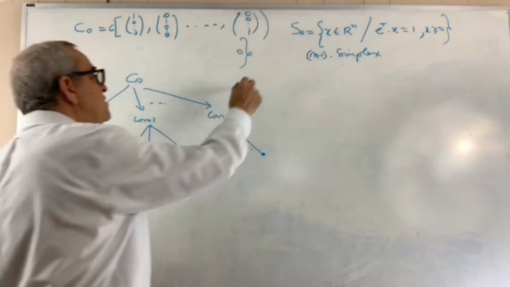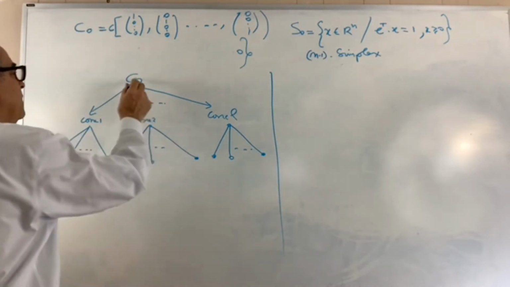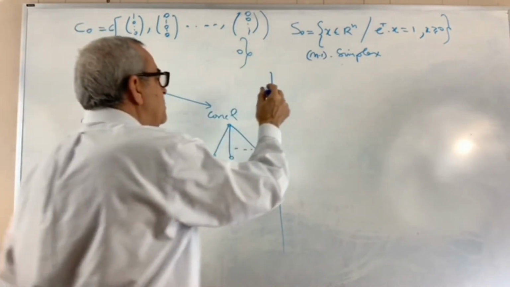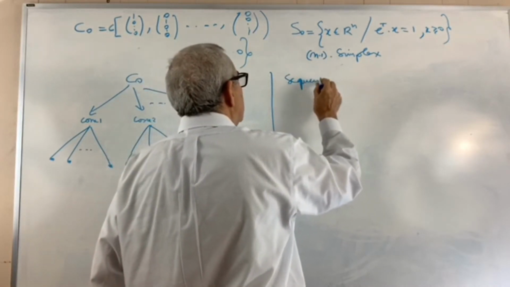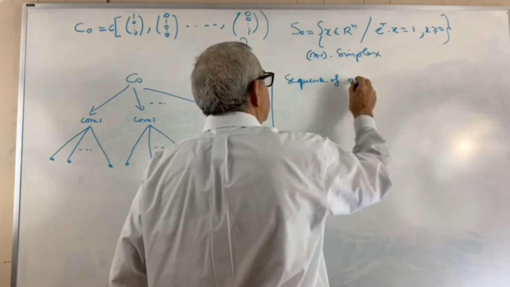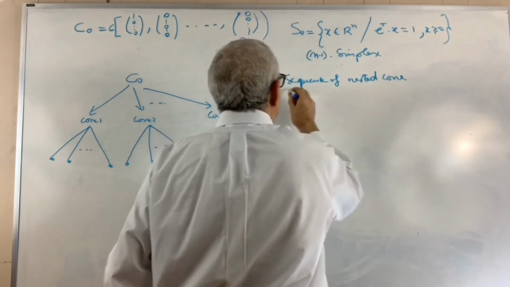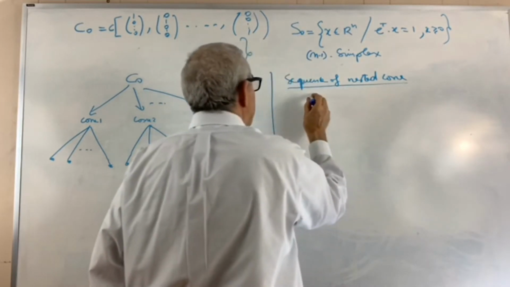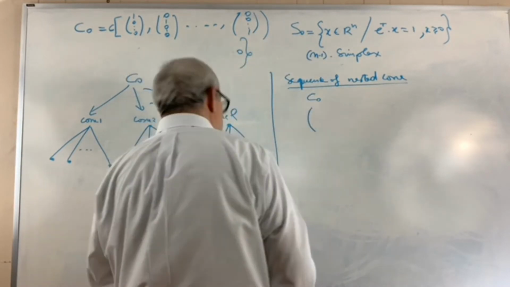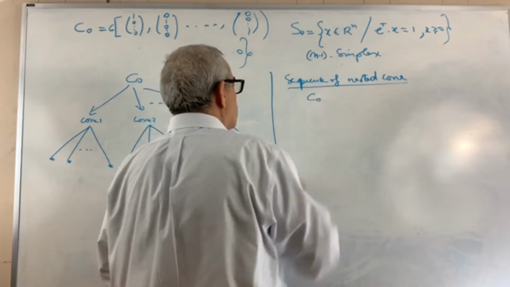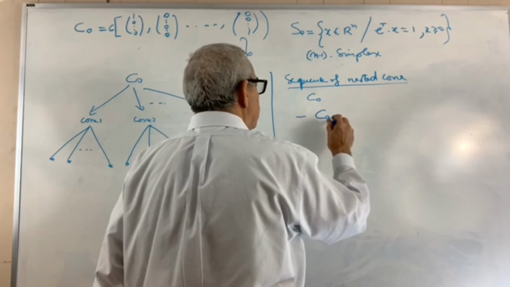So with this subdivision process, we could have a sequence that I denote a sequence of nested cones. We start with C0, and then we have CQ at iteration Q. We have CQ plus 1.